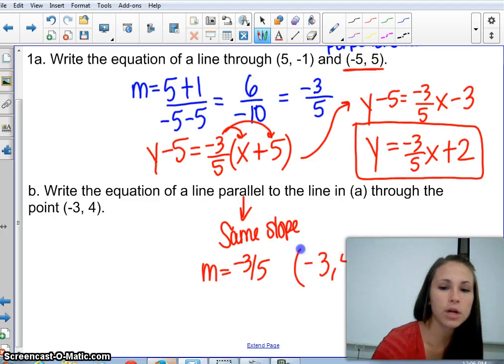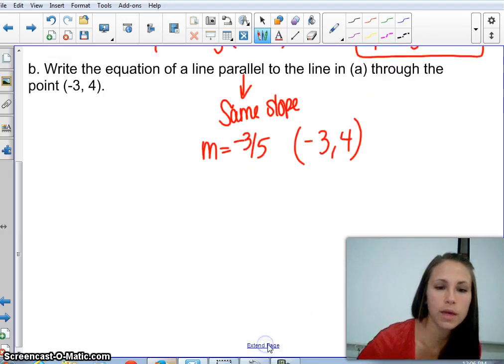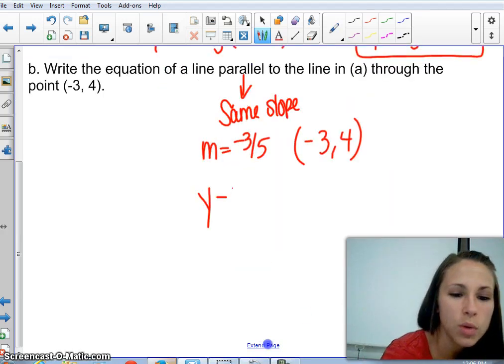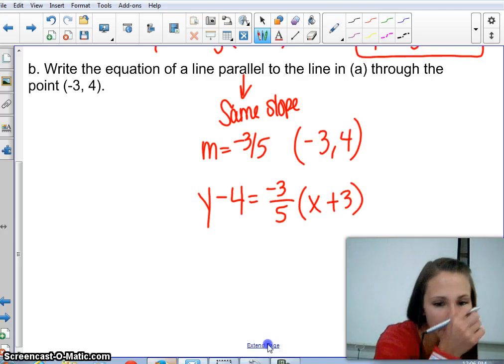So if I want a parallel line to this one that goes through this point, I've got to use the same slope and the point they gave me for y minus y1 equals slope, -3/5 times x minus a -3 would become plus.